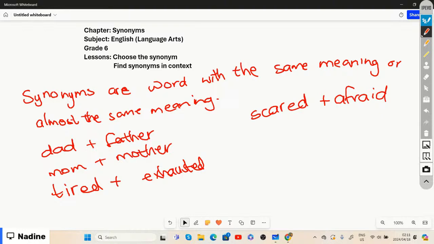So scared and afraid. Being tired is the same as saying I'm exhausted. Mom and mother are basically the same because they have the same significance and need to do the same role. The same with dad and father. Dad and father are synonyms of one another.